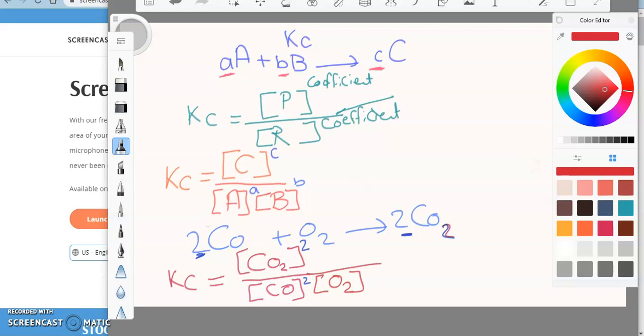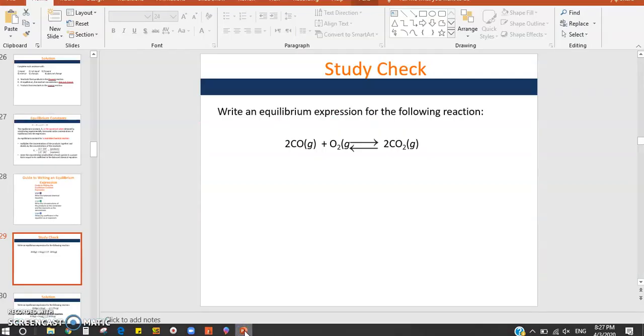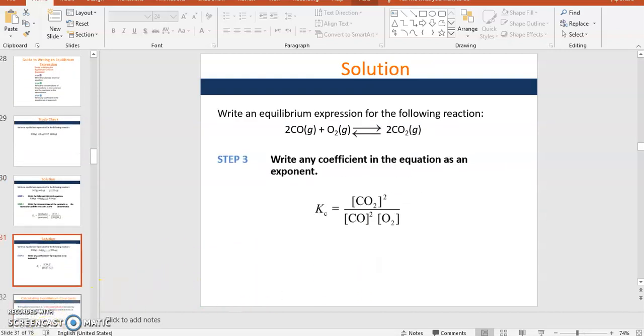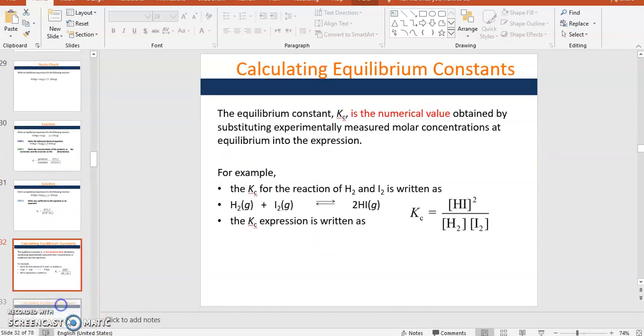So this is how to write the Kc for any equation. Products over reactants. Here, products over reactants.